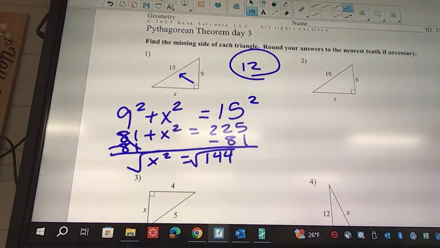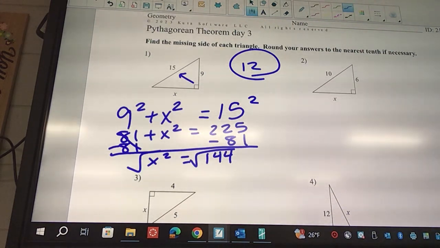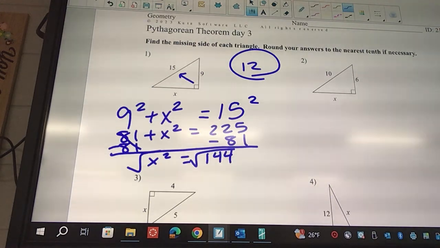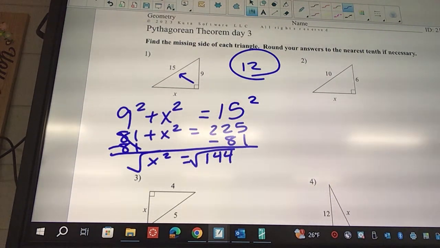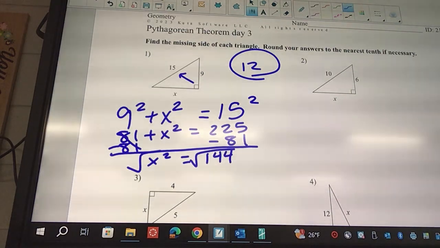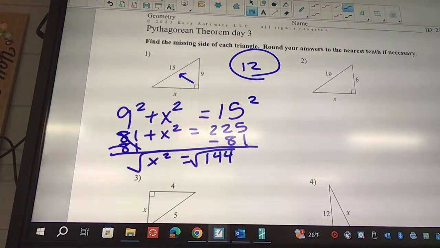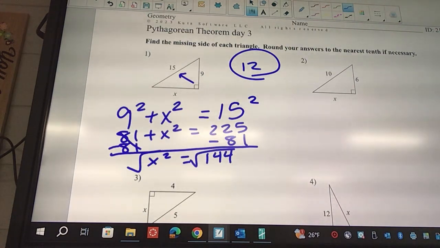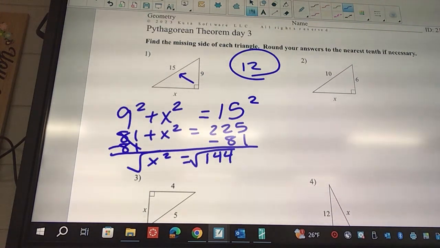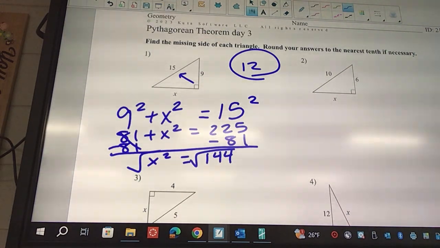Should be less than A plus B. My x should be less than what? 15. Why 15? Because A plus B equals 15. Yes, so we know that C is the biggest side, and it's always going to be the biggest. So in this case, my number should be less than 15.